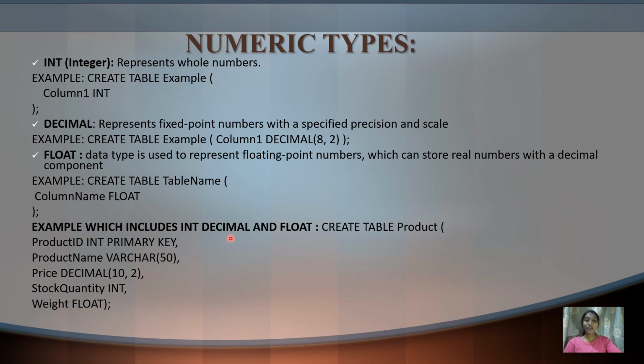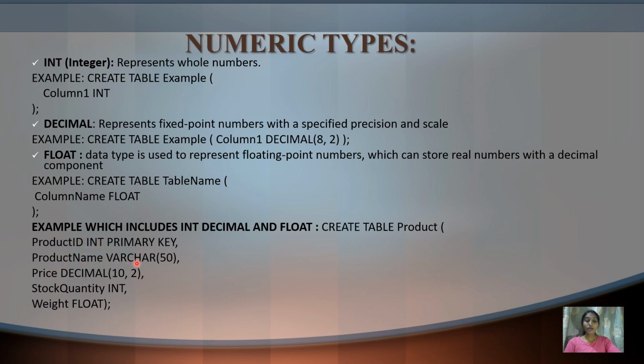Example which includes int, decimal and float. This is the example where it includes integer, float and decimal. We are creating a table with product id. Product id is an int here, because we enter product id as a number. So all the numbers we are going to insert, we give a data type called int.